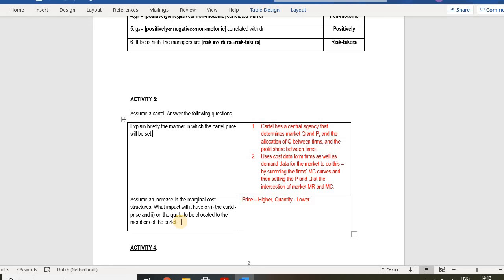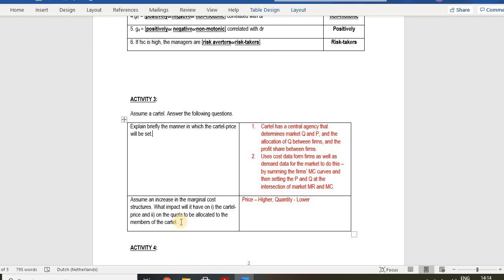So if the marginal cost structure is high, the prices in the market will have to be high to accommodate or be able to pay off the marginal cost structures.